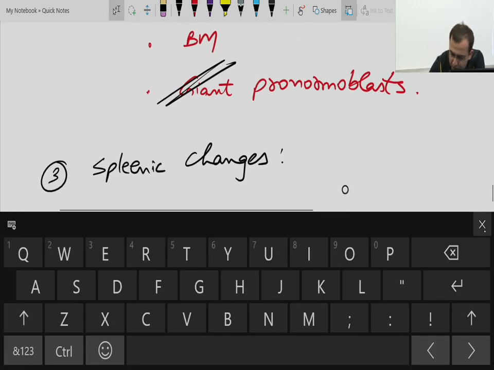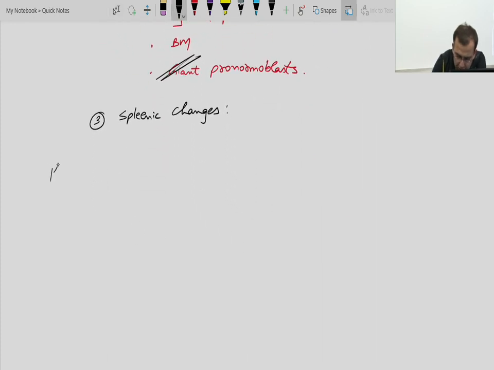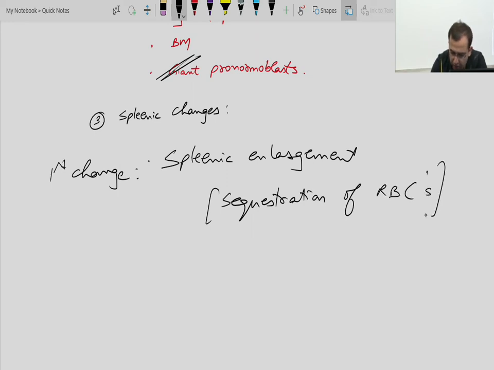The first change seen in the spleen is splenic enlargement, which occurs because of sequestration of RBCs.